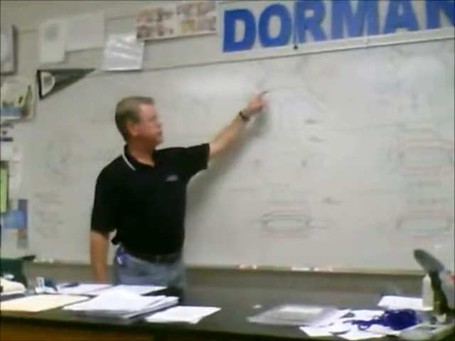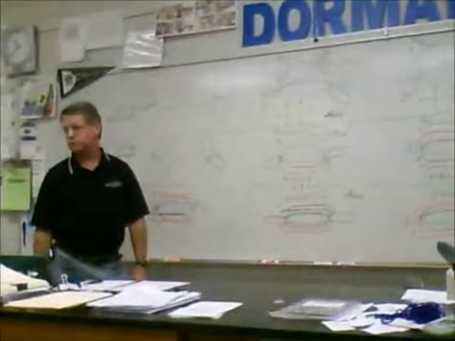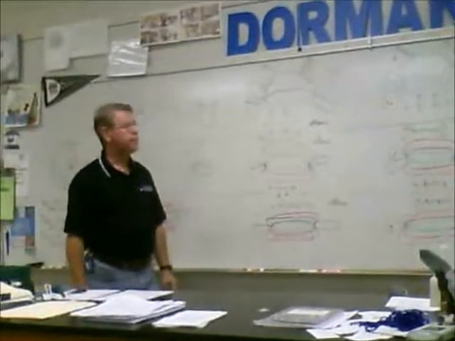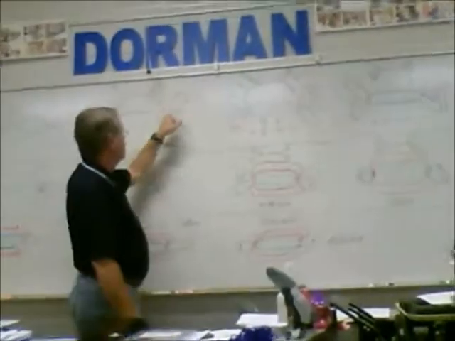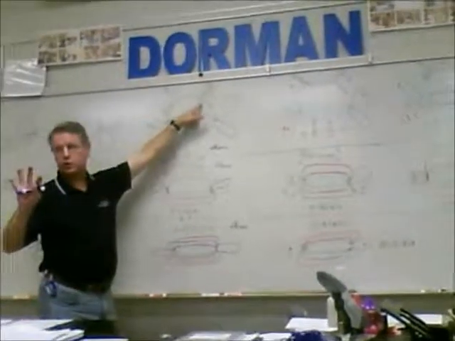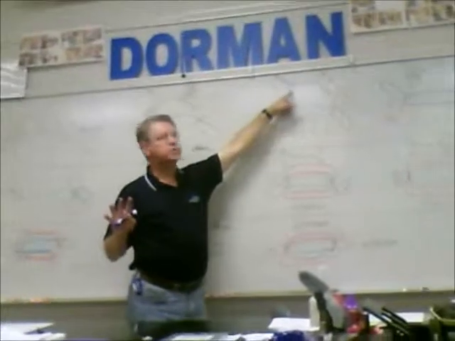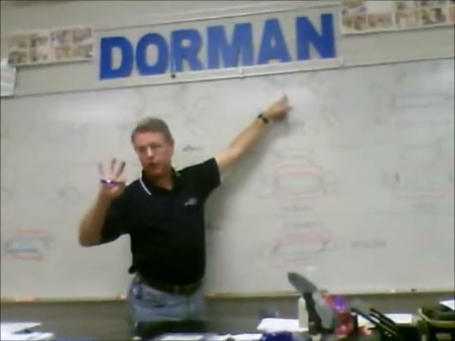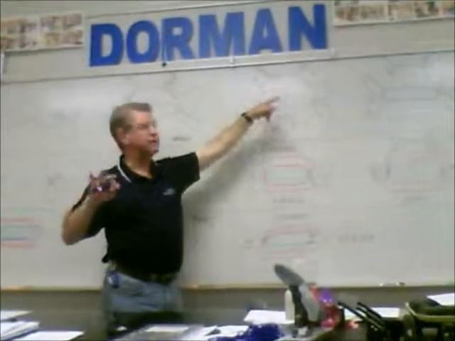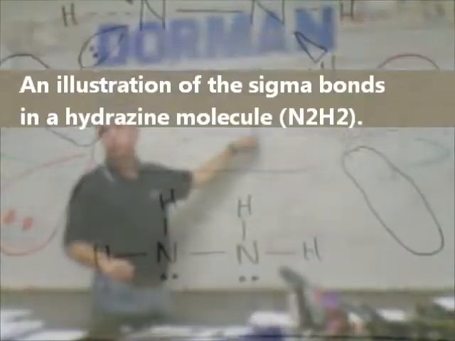There's 1, 2, 3, 4, 5, 6, 7 different sigma bonds in that molecule. Now the difference between this molecule and this one is carbon started out with 4 electrons and needed 4 bonds. Nitrogen starts out with 5 electrons in the valence level, so it only needs 3 bonds to have a full valence level. So it's going to have a lone pair of electrons that doesn't bond to anything.